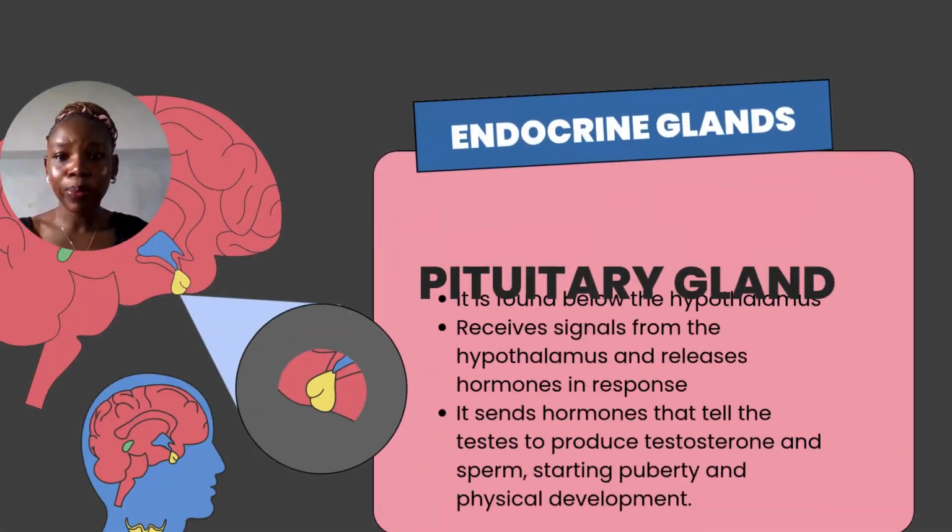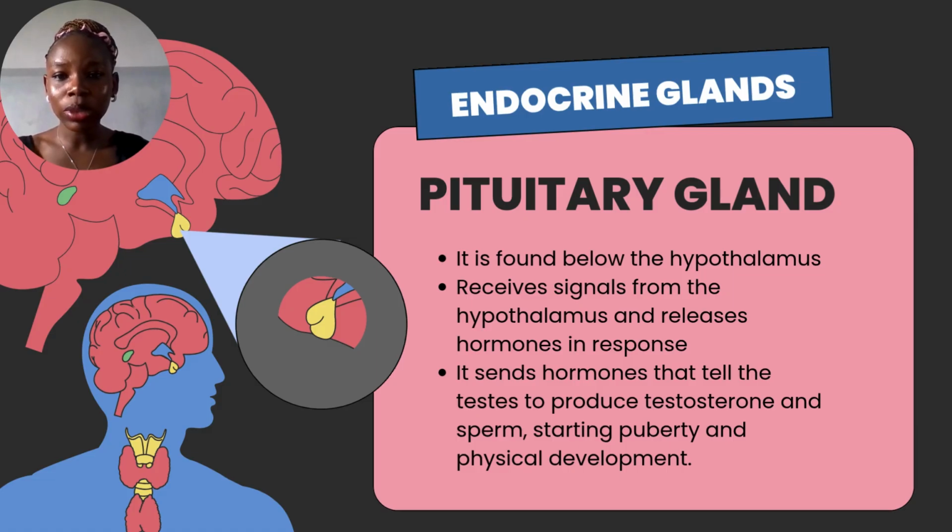The next one is the pituitary gland. And there's something spectacular about the pituitary gland. It's often called the master gland. Why do we call it the master gland? Because it controls all the activities of all other organs, and that's why it is called the master gland.